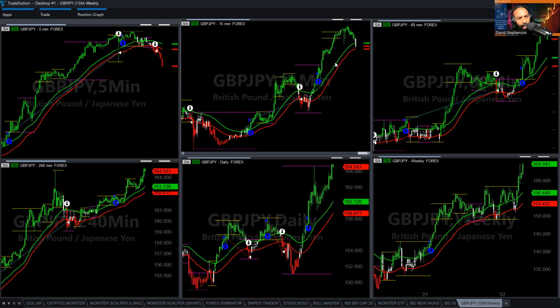So let's talk about this. We're in the markup phase here on pound yen. This is the weekly, this is the daily, and I want you guys to start practicing this, even if it's one pair or one stock.